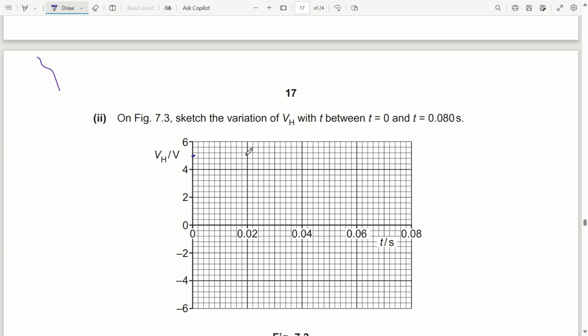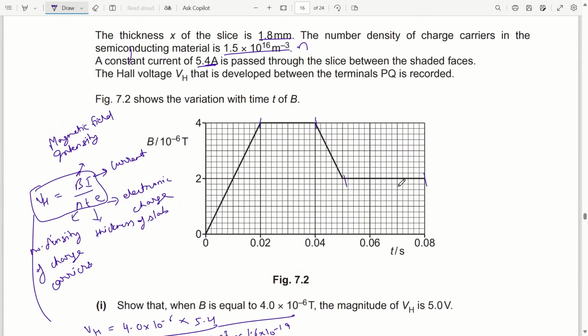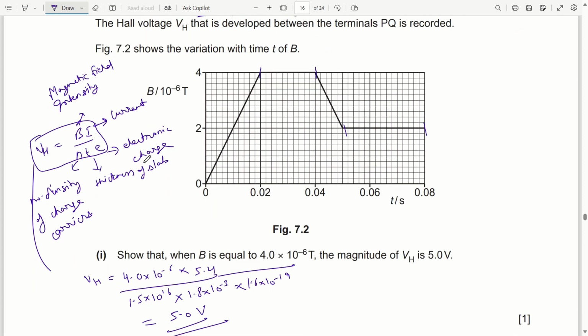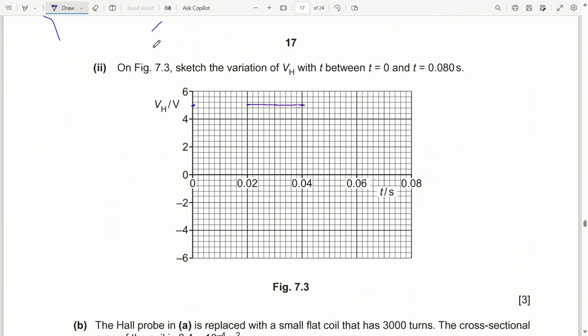So from 0.02 to 0.04, the graph will be a straight line like this, and then from 0.05 to 0.08, here you can see magnetic field intensity is halved. So as VH is proportional to B, VH will also be halved. Earlier it was 5, so VH will be 2.5. So it will remain constant from 0.05 to 0.08, and the value will be 2.5.